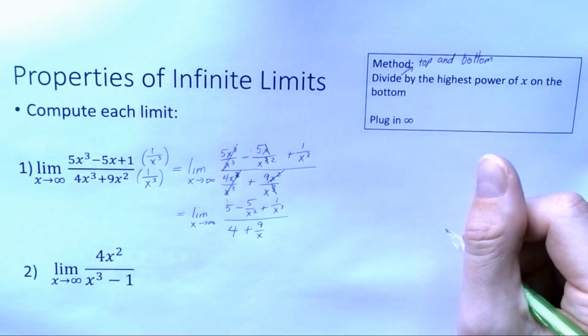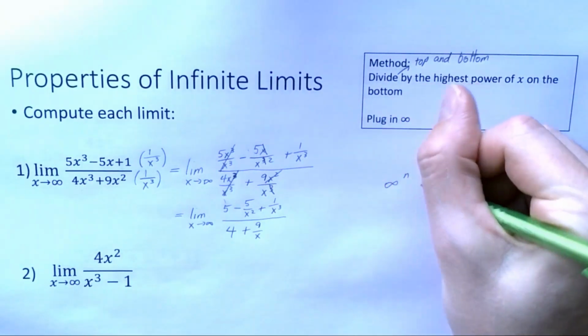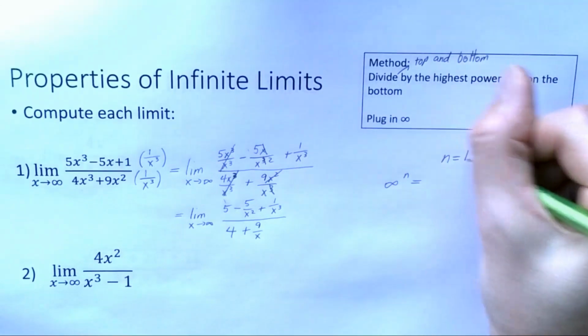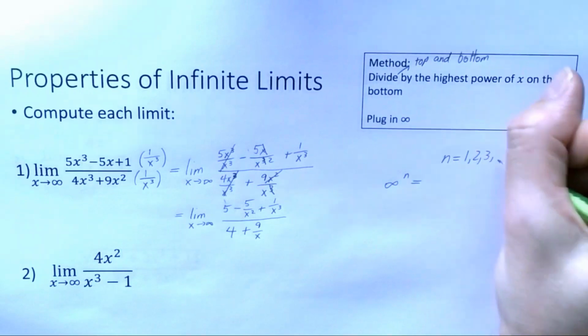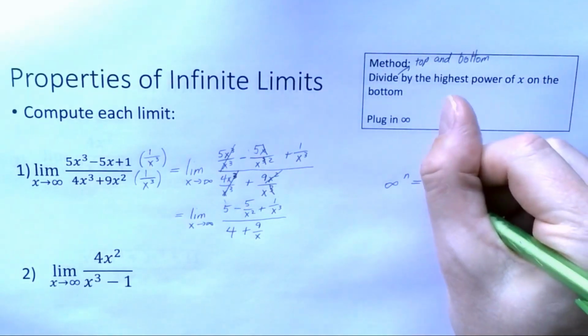Now we can plug in, and note that infinity to any power n, where n is 1, 2, 3, and on up, so infinity squared, infinity cubed, infinity to the fourth, etc., is just infinity.